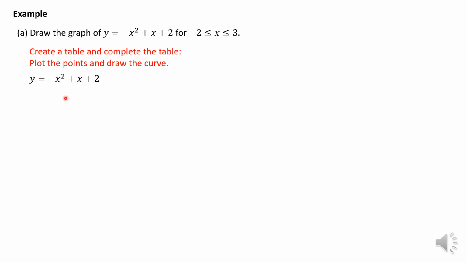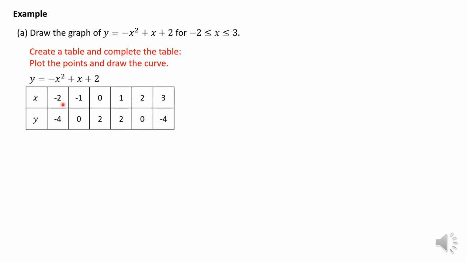I have done it already here, so I get the corresponding y values, and you plug in -2 into the function. And remember, don't make a mistake here. When you have y equals to negative, you must put that value in brackets there. I often see a lot of students making a mistake when it comes to substituting that point in.